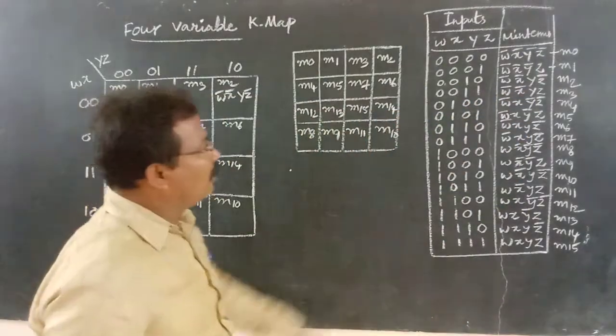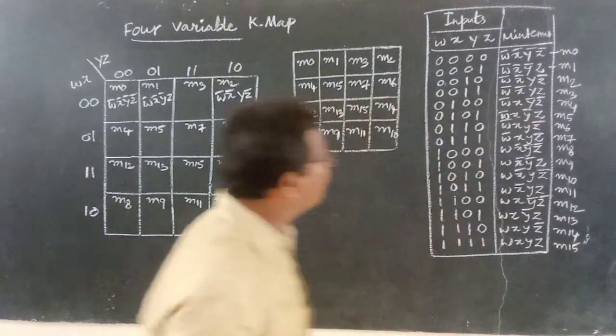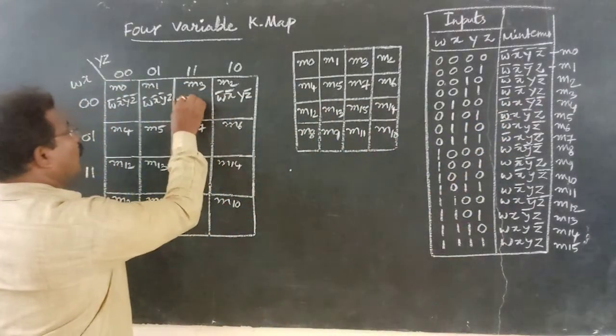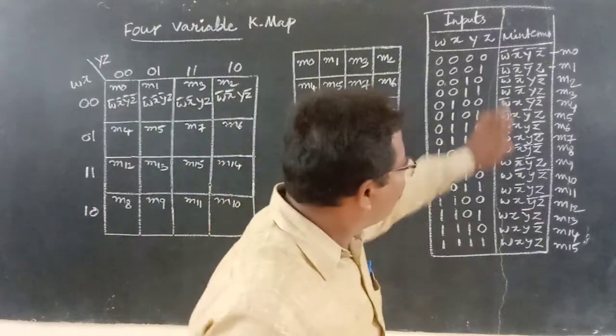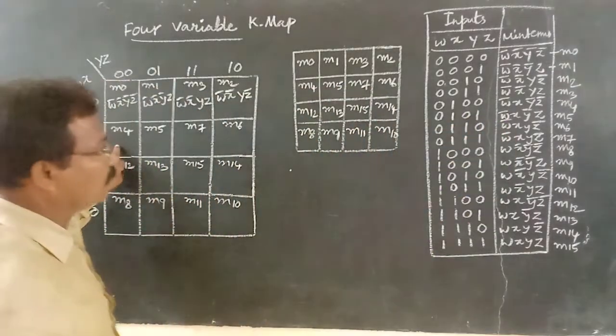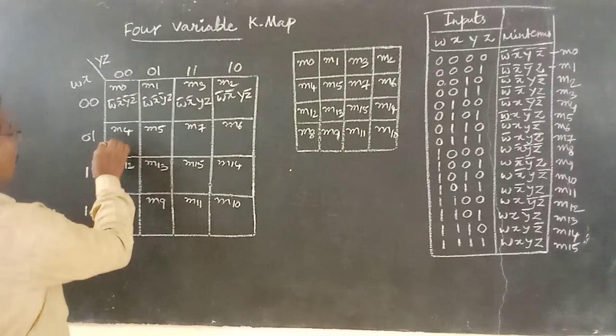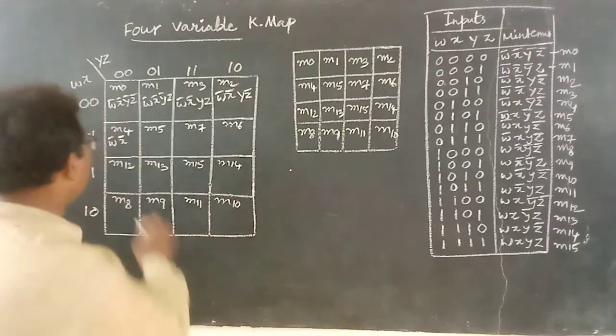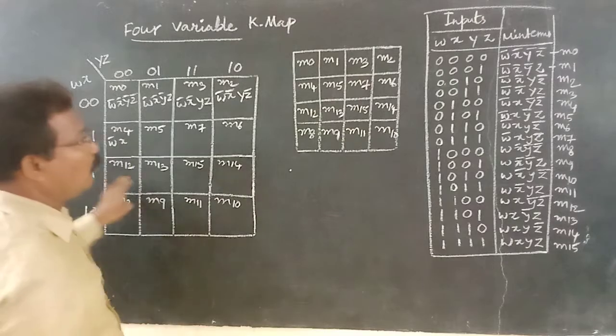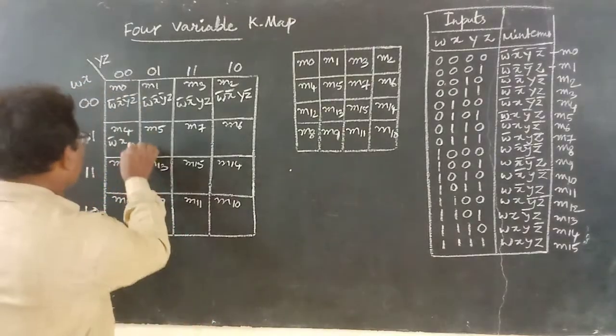The fourth minterm M3, W bar, X bar, Y, Z. M4 is here, W bar, X, Y bar, Z bar.